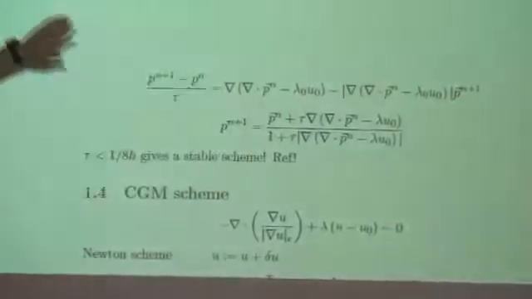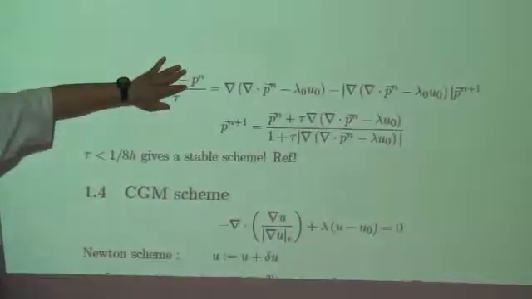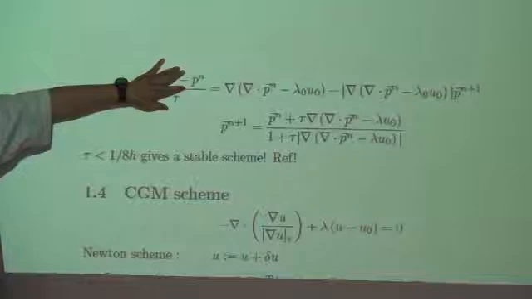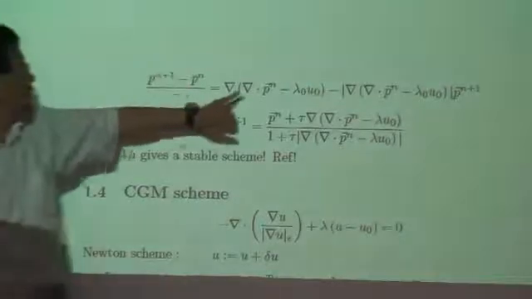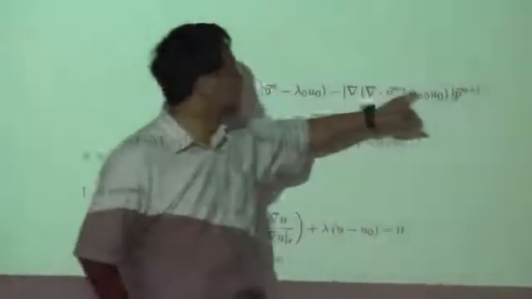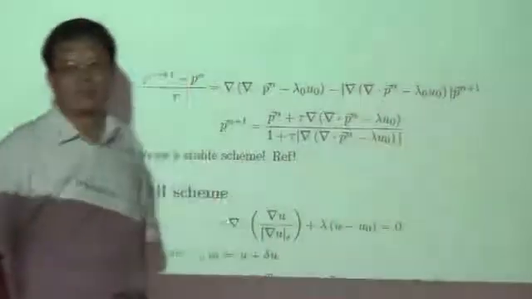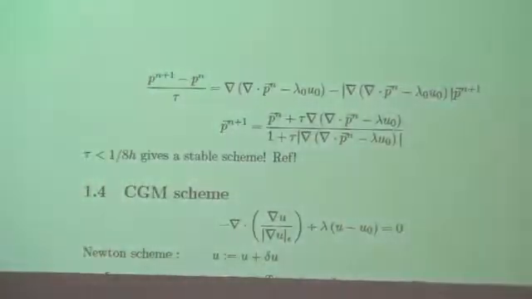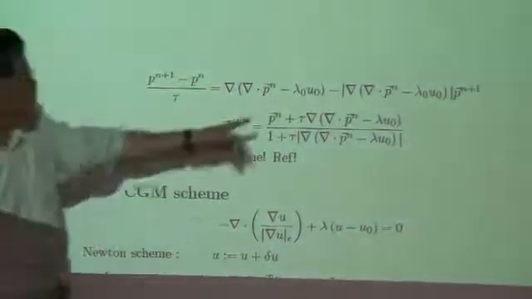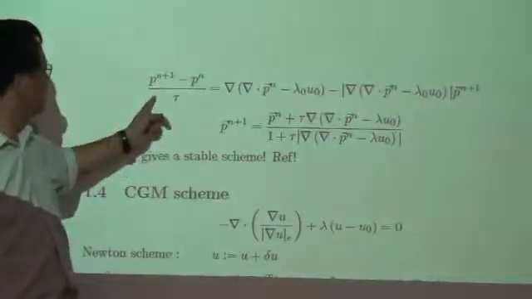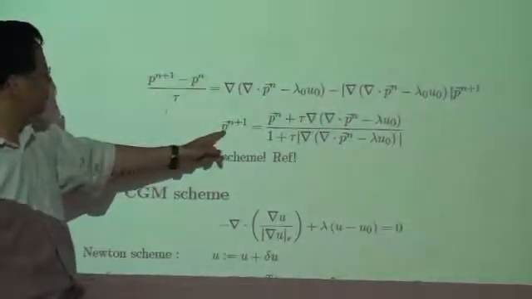So compared with the previous equation, it is just adding this part, like adding a P term. So here is the previous one, and here is the new one. It's a fixed point equation. If you move this part to here, you get an explicit formula for Pn plus 1.